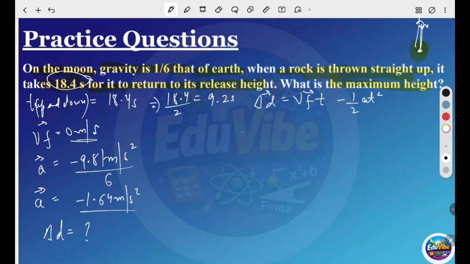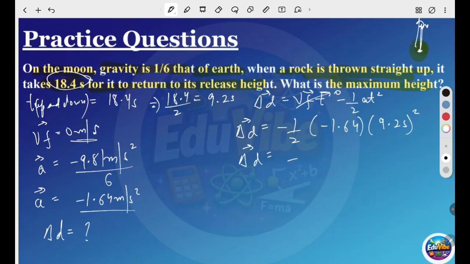What's the distance for this? From here, the final velocity is 0, so that term cuts out, and we get the answer like this: minus half, acceleration we take as minus 1.64, and time is 9.2 seconds squared. When we calculate the distance, we get about 69.405 meters.